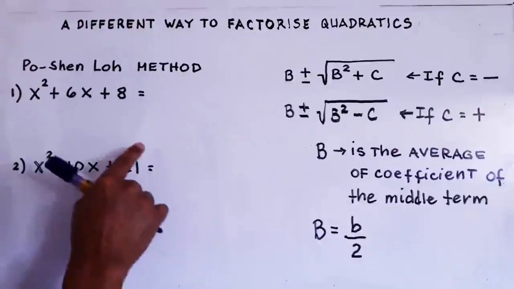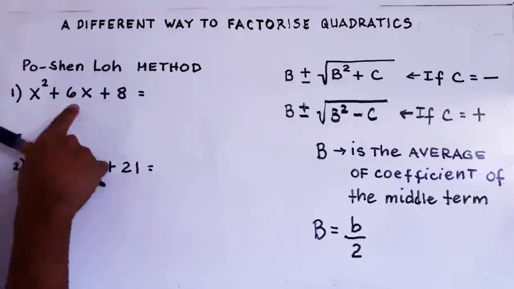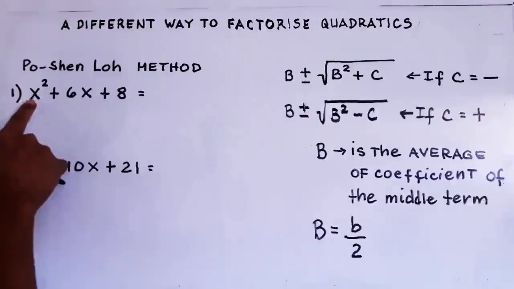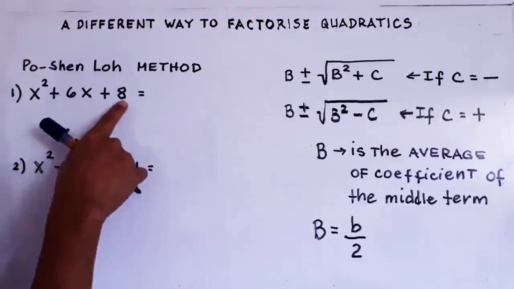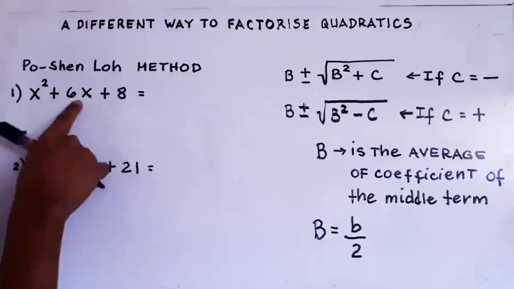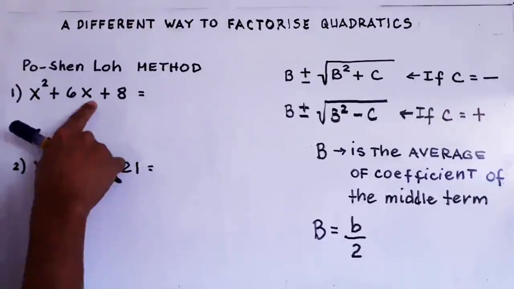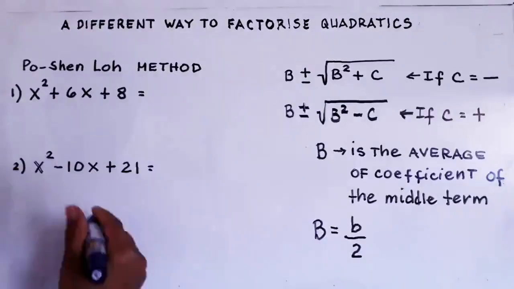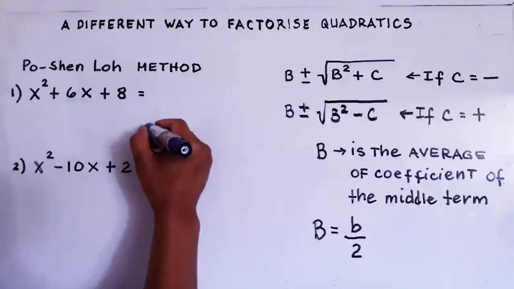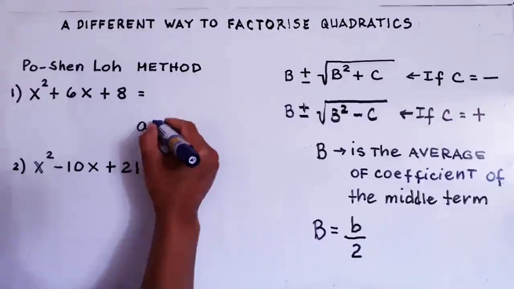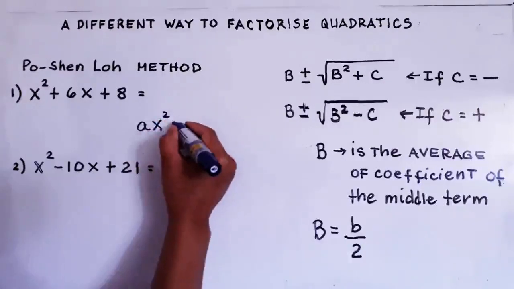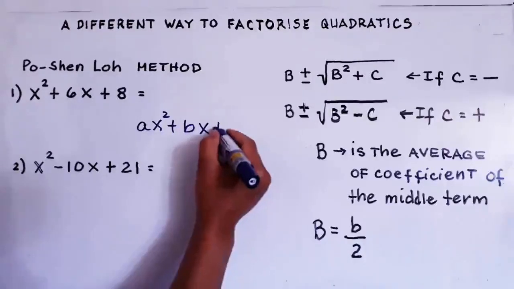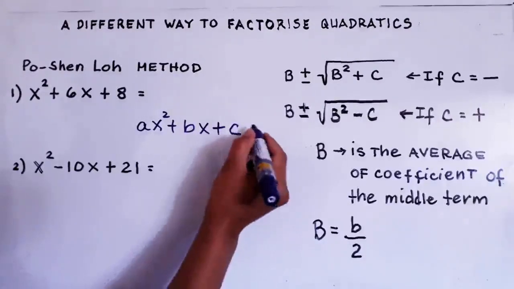the middle term. So here we have a complete quadratic trinomial. This is the first term, this is the last term, and this is the middle term. The general form of our quadratic equation is ax squared plus bx plus c is equal to 0.